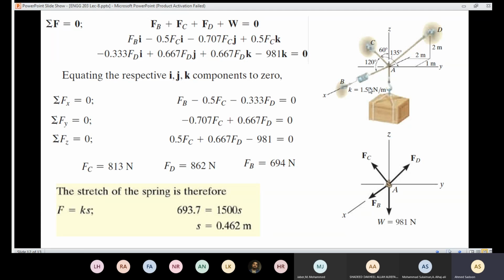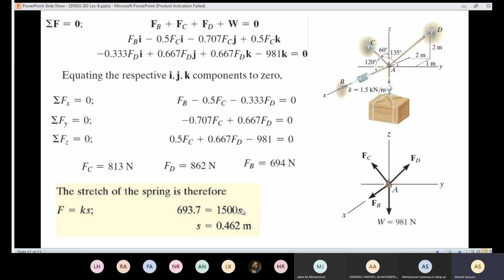I convert this one into Newton per meter instead of kilonewton per meter, because the value here is in Newton, so that the units balance. Balancing the units is very important. And I need to multiply this by 1,000.